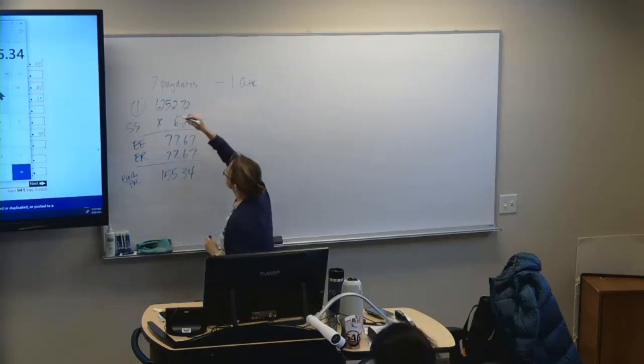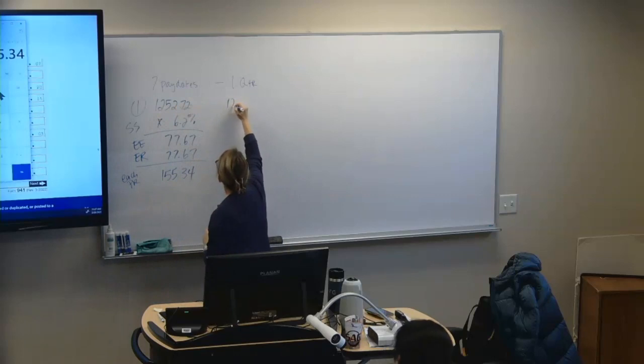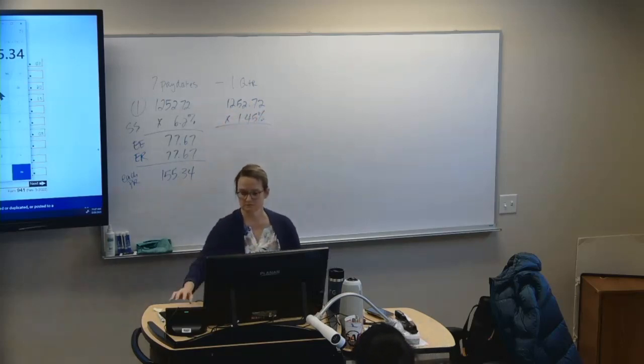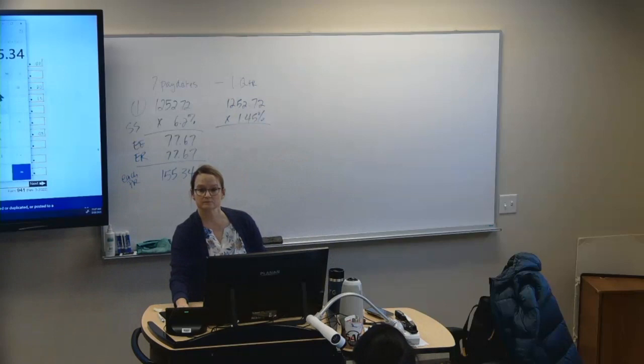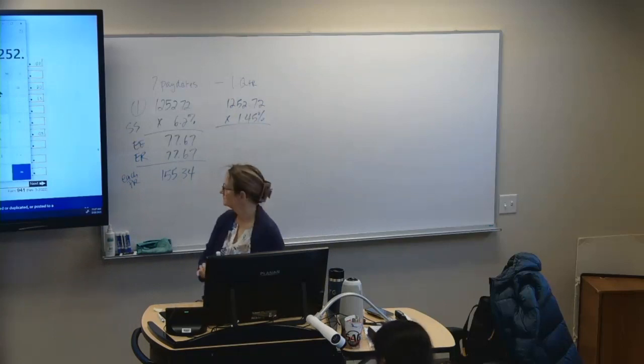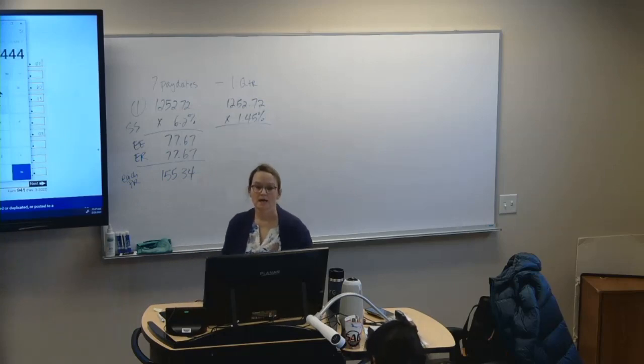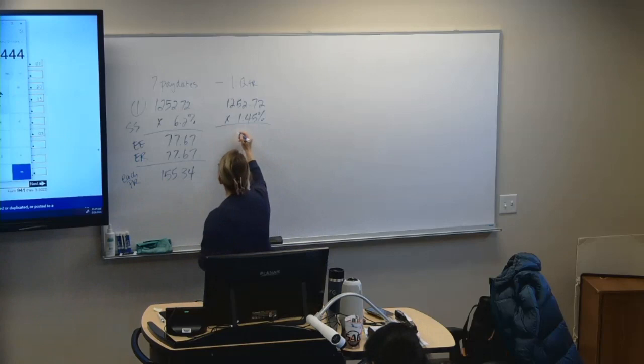And then for Medicare tax, we've got $1,252.72 times 1.45%, which is $18.16.